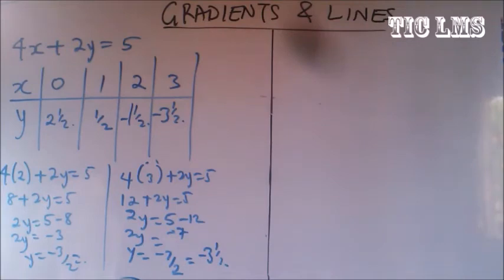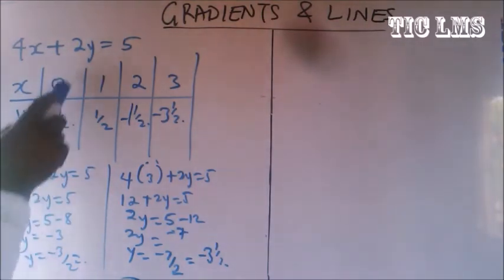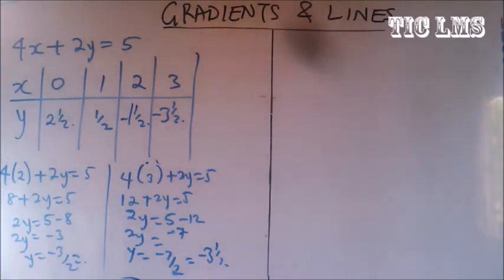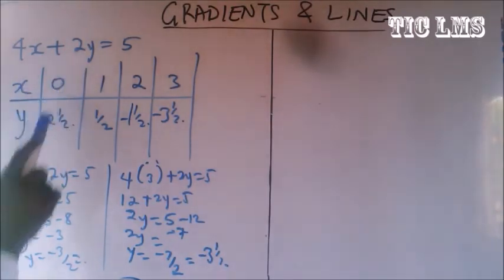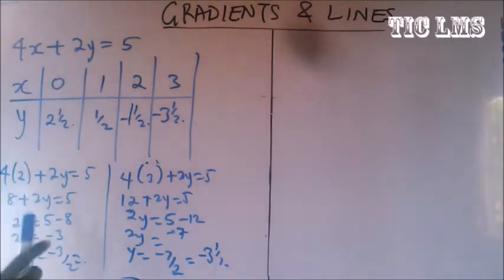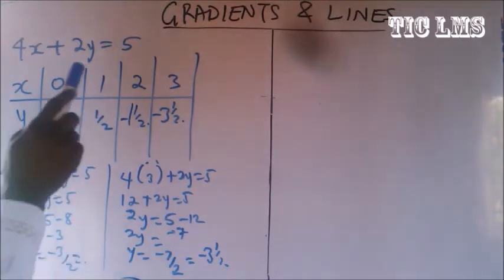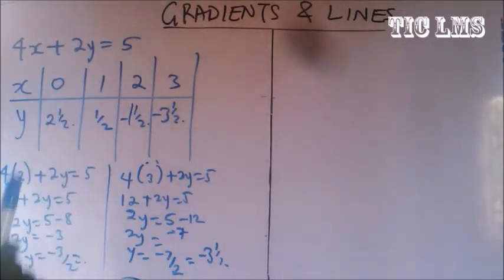With this now, we'll take these as our coordinates, our different points. When x is 0 and y is 2.5, we put a point there. When x is 1, y is half, we put a point there, and then we'll join the points to arrive at a linear graph.